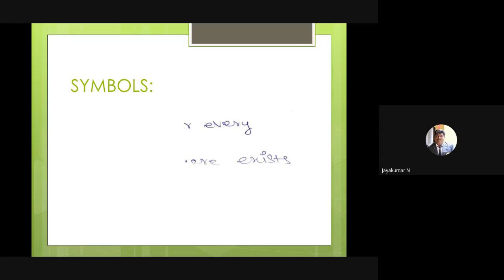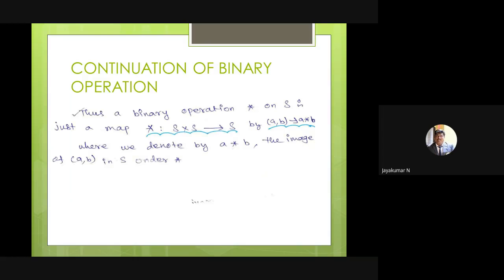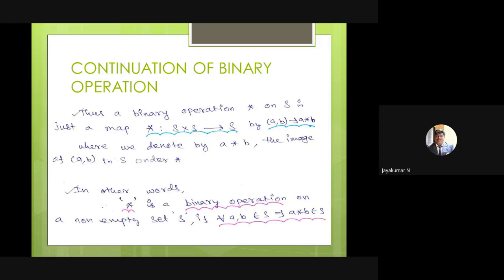If S is a non-empty set, then star is a binary operation if for every element A comma B belongs to S, which implies A star B belongs to S.